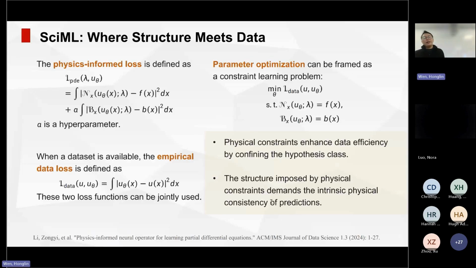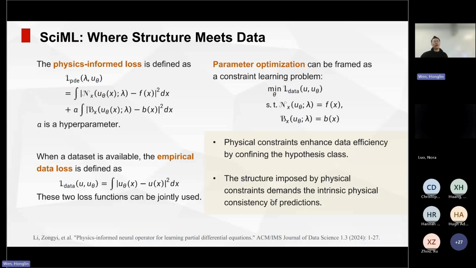But if we analyze this from the view of parameter estimation, in optimization, it's not magic. The physics-informed loss is just a loss with respect to the governing equations. If we predict the solutions, using that solution we can calculate the physical loss defined by the governing equations and boundaries.